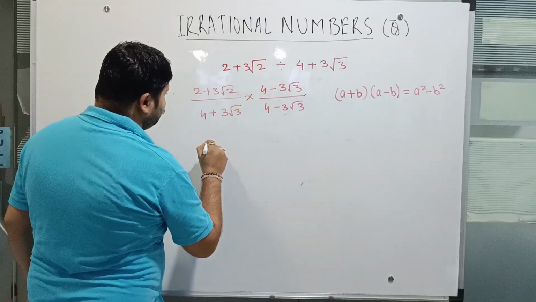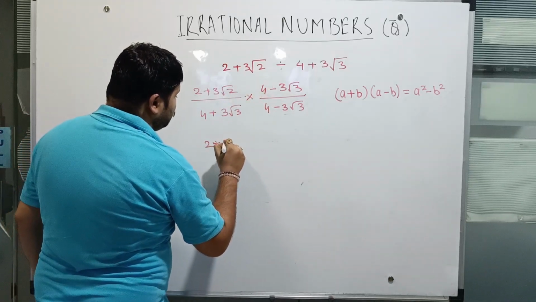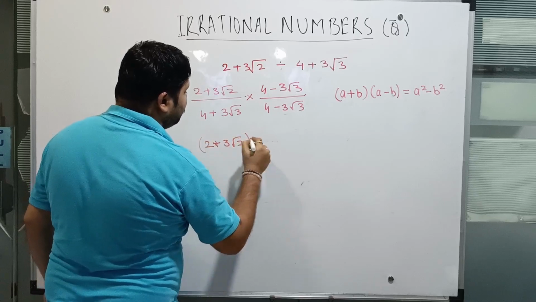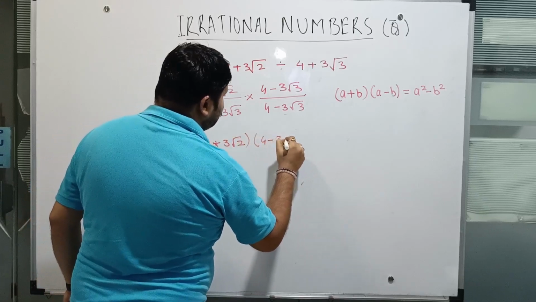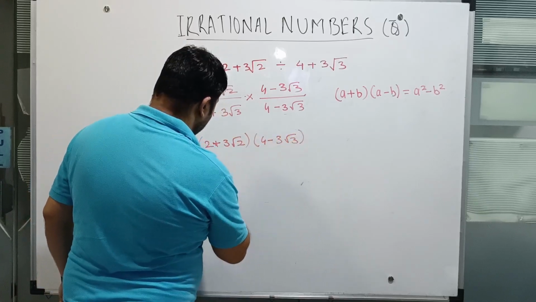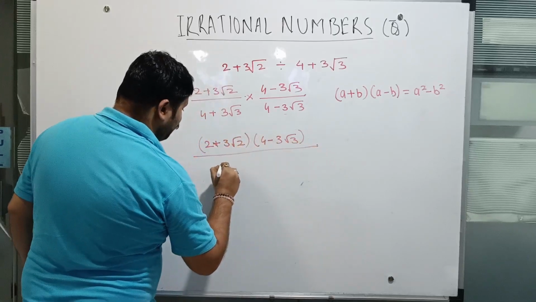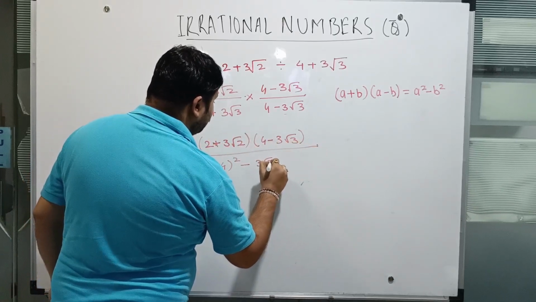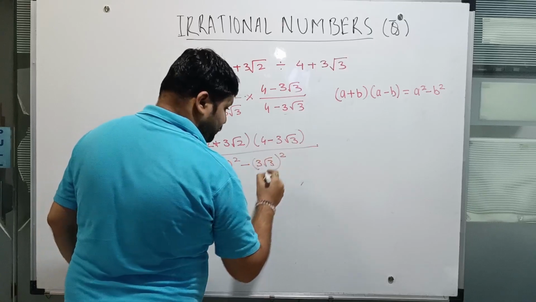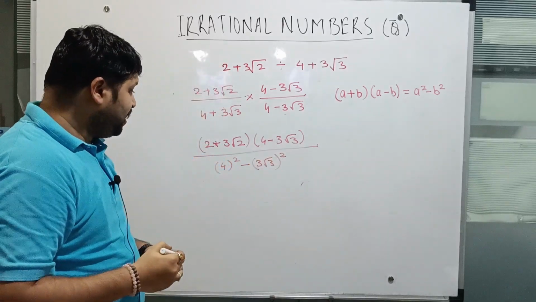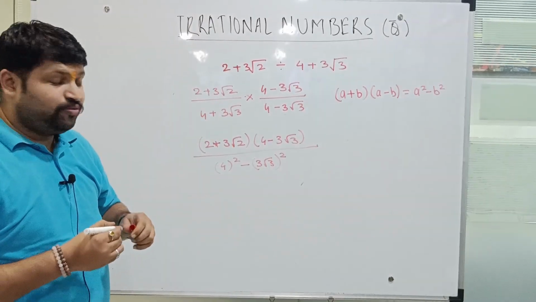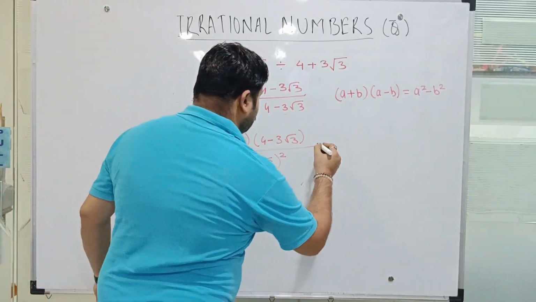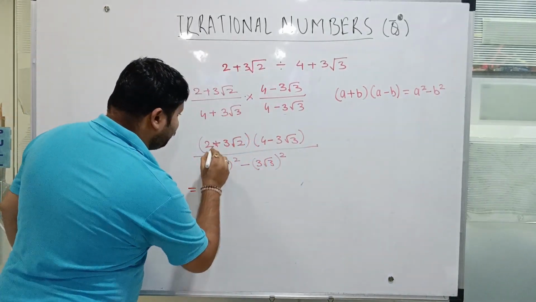So we'd have it as 2 plus 3 root 2 multiplied by 4 minus 3 root 3, the whole thing divided by 4 square minus 3 root 3 square. Let's take it a step ahead. So first we'll have to multiply these out.